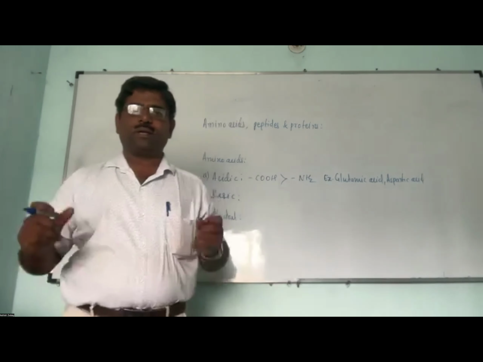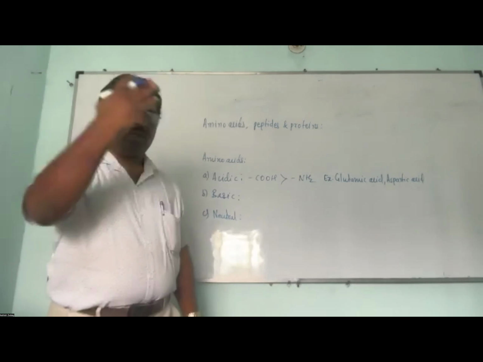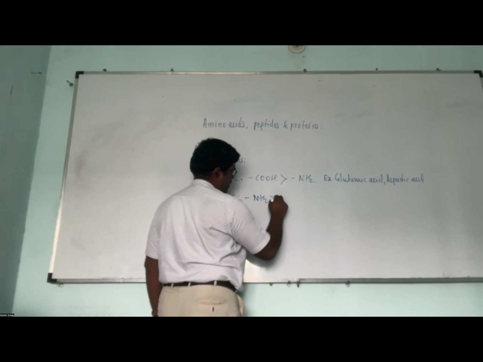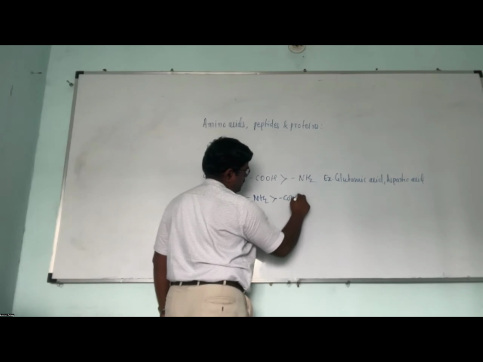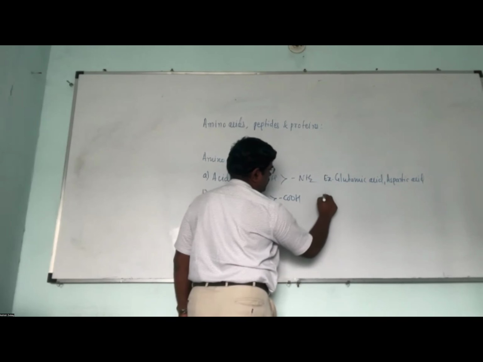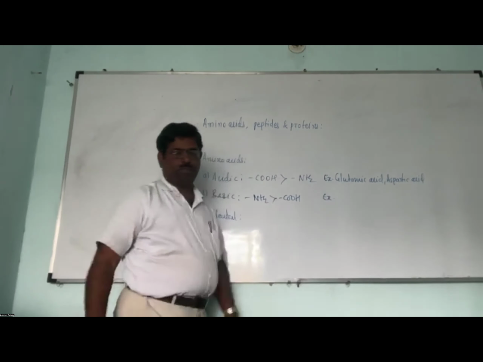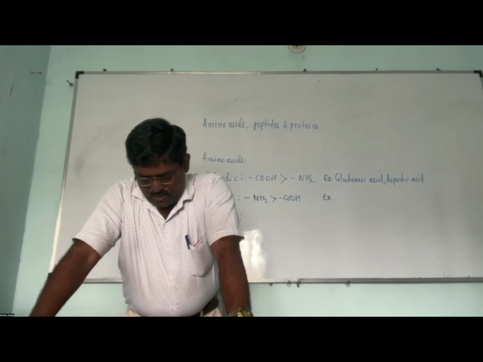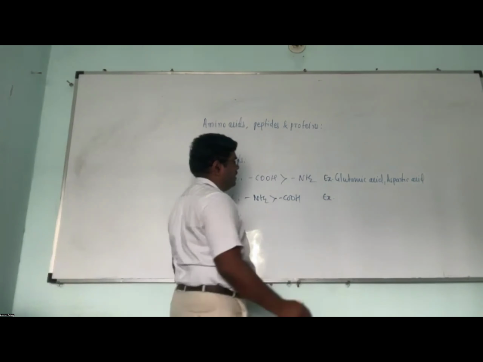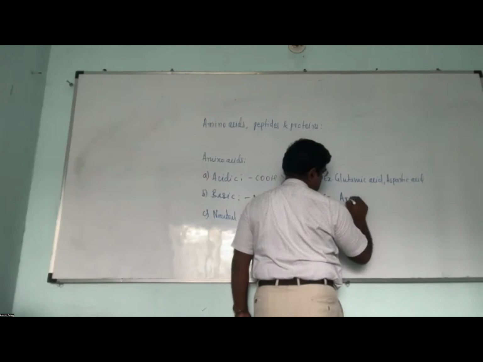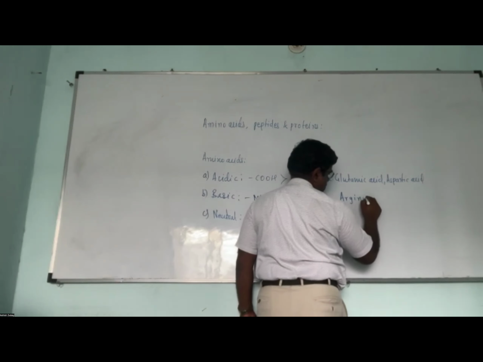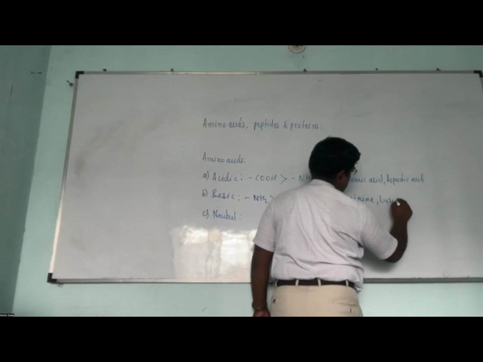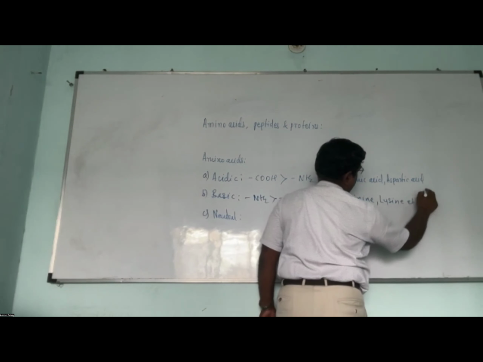Basic amino acids consist of more NH2 groups compared to COOH groups. Best examples of basic amino acids include arginine, lysine, etc.